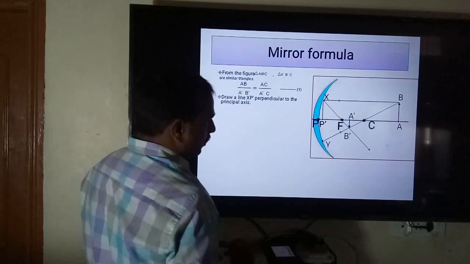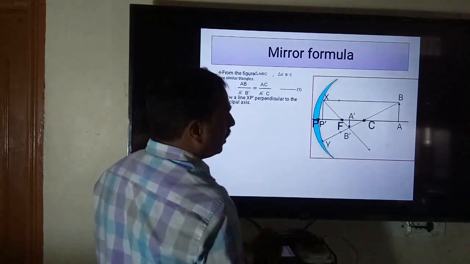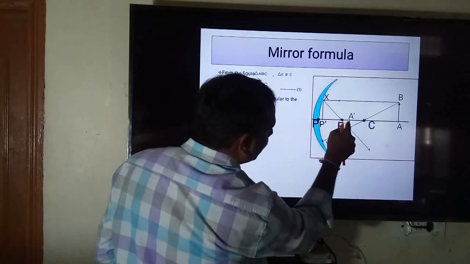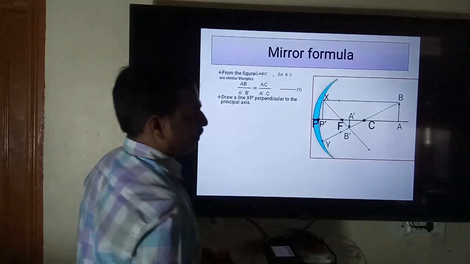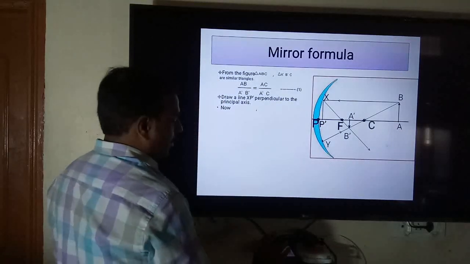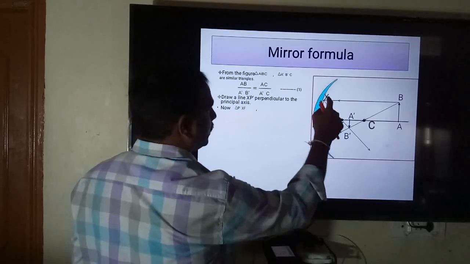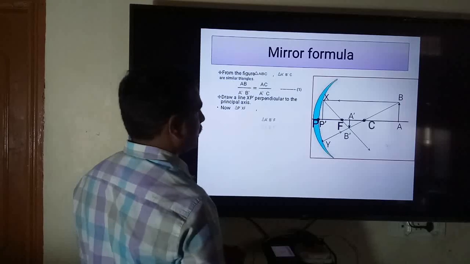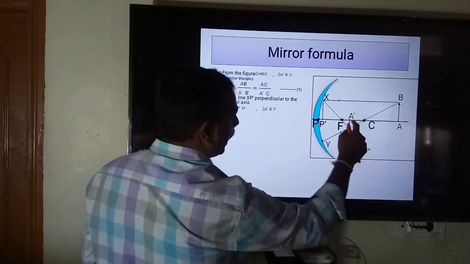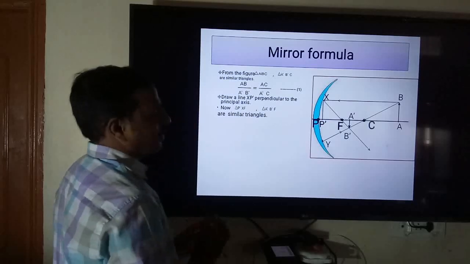Now if you observe carefully here, it makes a triangle, and this triangle is similar to A dash B dash F. Now triangle P dash XF and triangle A dash B dash F, these two are also similar triangles.